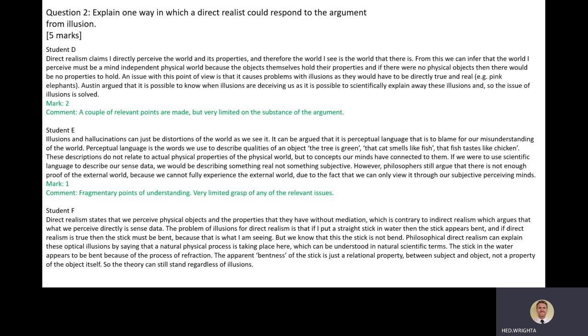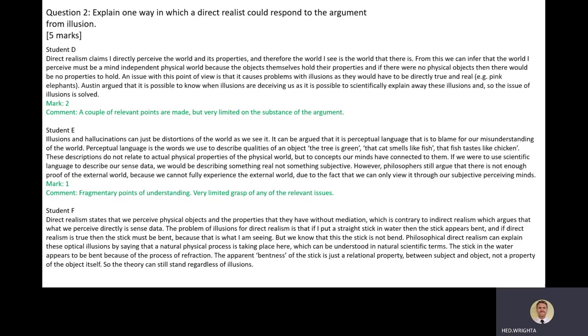They also start off the answer by saying illusions and hallucinations. The question is purely about illusion. The examiners are really picky on this. If you lump illusions and hallucinations together, they will not be happy with that. The question is asking about illusion, so stick to illusion. So they haven't really talked about illusion. So there is some stuff there that you'd be able to give some marks for, okay?